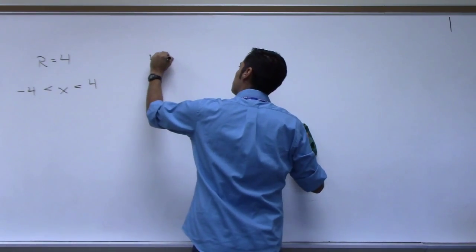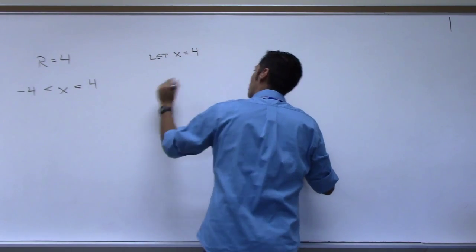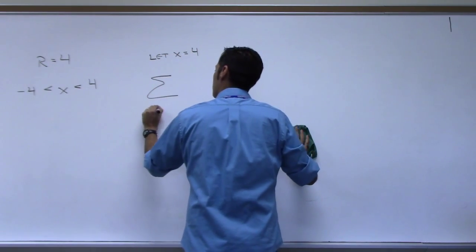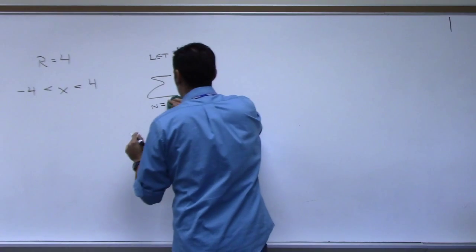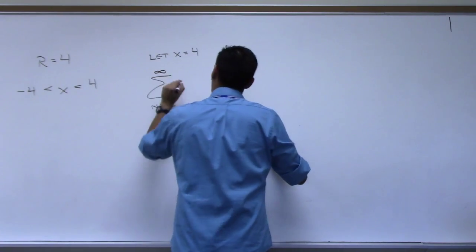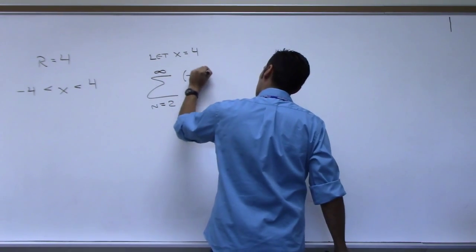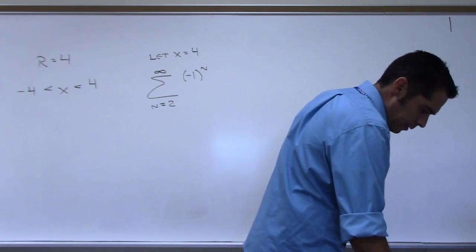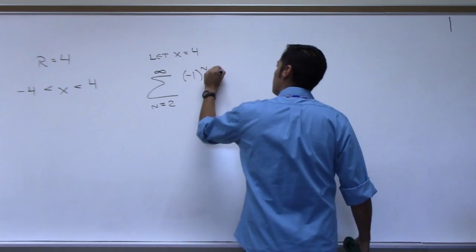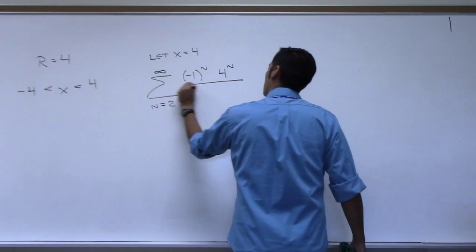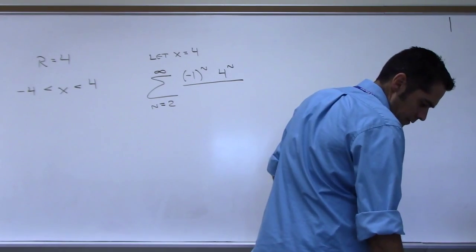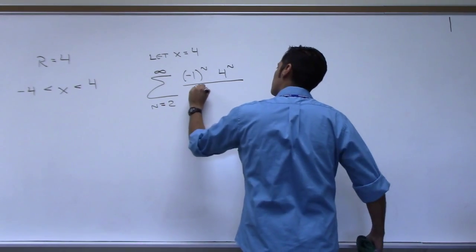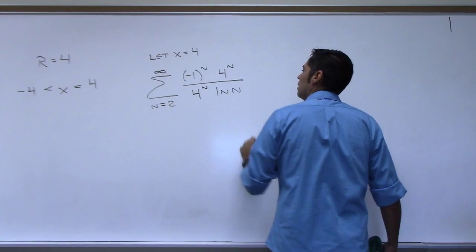So let x be 4 to start. Sum n equals 2 to infinity, and -1 to the n, x to the n, so 4 to the n over 4 to the n natural log n.